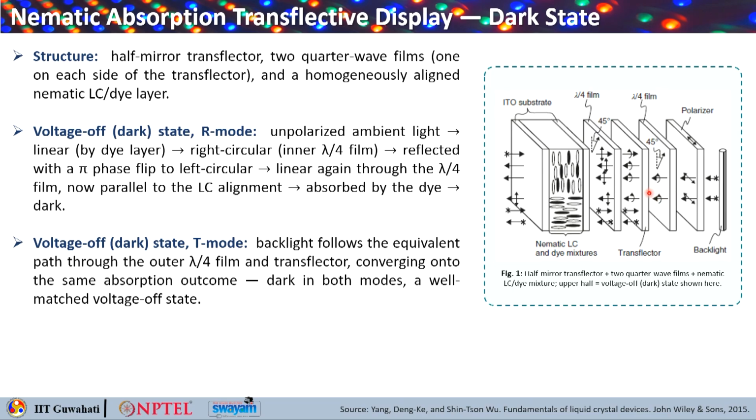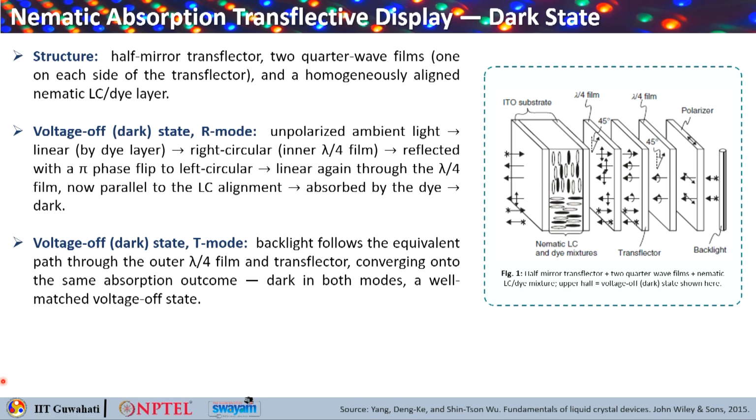It gets transmitted through, and finally when it is rotated back to linear polarization, the polarization axis changes and becomes orthogonal. So that gets absorbed by this liquid crystal and dye assembly.